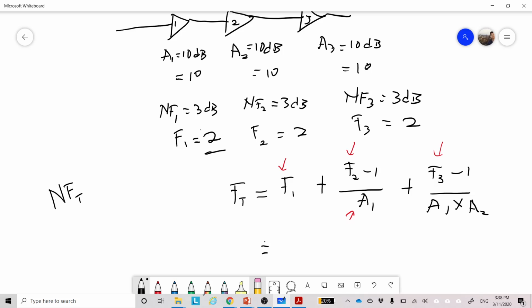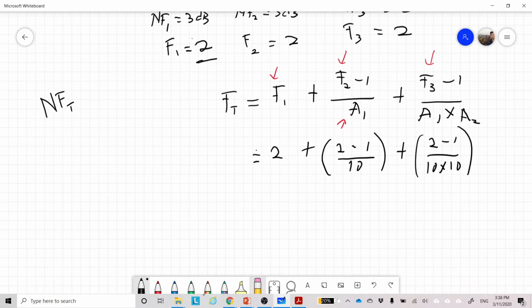So dalam kes ini, okay, so masukkanlah dia punya nombor. So 2 tambahkan dengan 2 tolak 1 bahagikan dengan 10 tambahkan dengan 2 tolak 1 bahagikan dengan 10 kali 10.